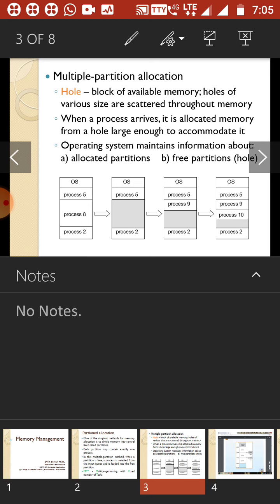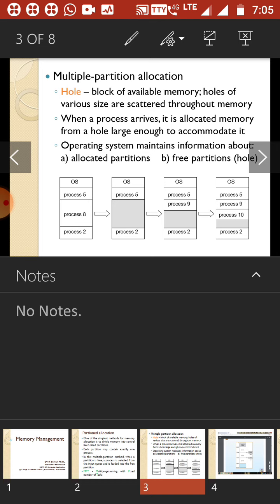So in the available 20 KB user memory area, a 3 KB partition may be created, a 5 KB partition is created, and an 8 KB partition is created.